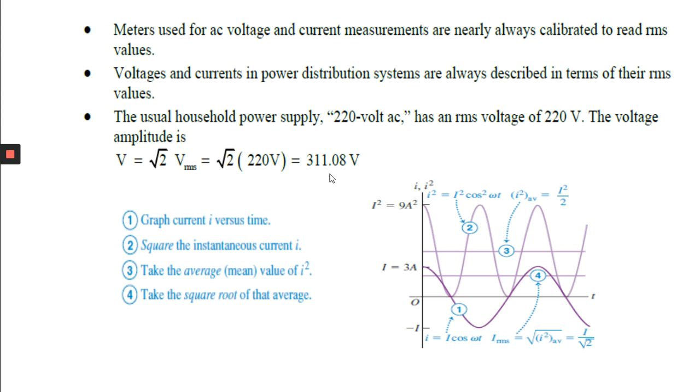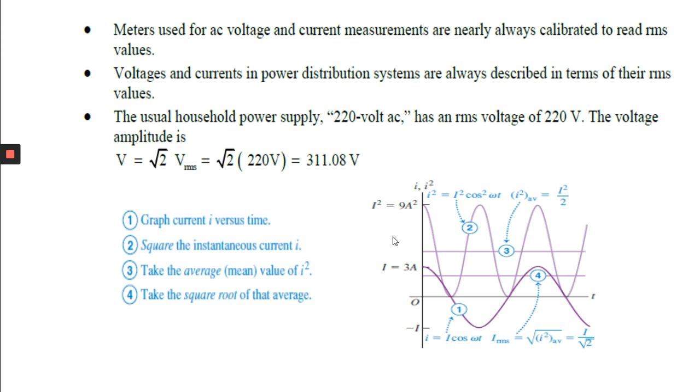Here the maximum voltage is 311.08, almost 311 volt. So sometimes, when you are touching an electric appliance, there is some problem or like that, you can get a voltage of not 220, but there is a chance that you can get 311 volt, if at that time it is at its peak value.